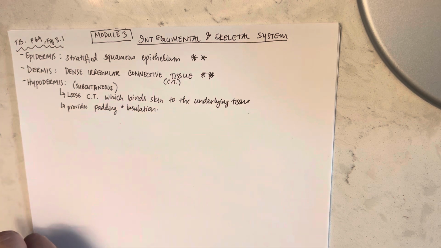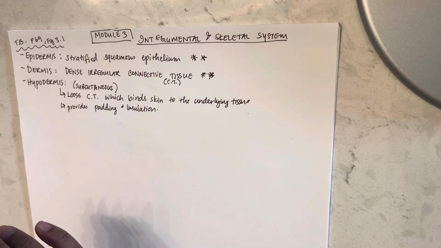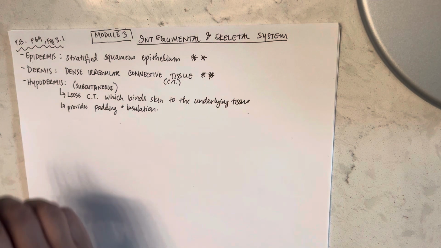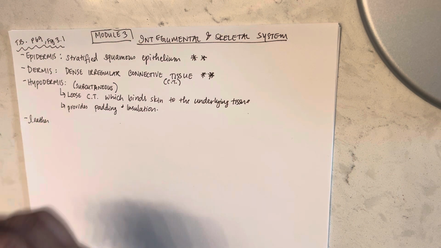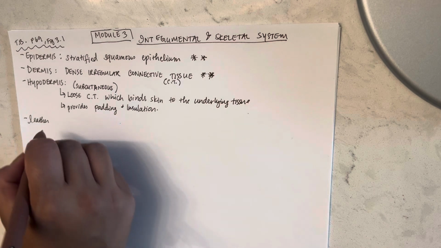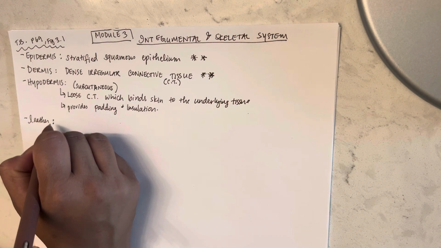Okay. Now, when you think about leather, you know, leather bags or leather coats or jackets, that leather that you see and use is actually the dermis or the dermal layer of skin from animals.